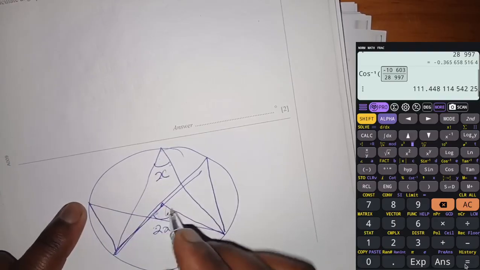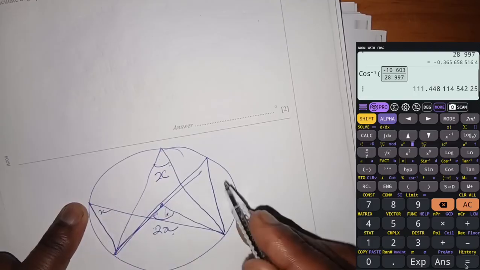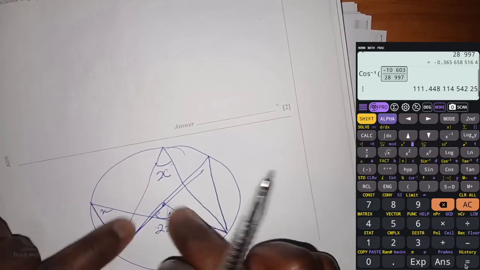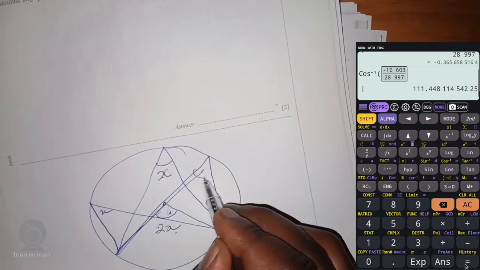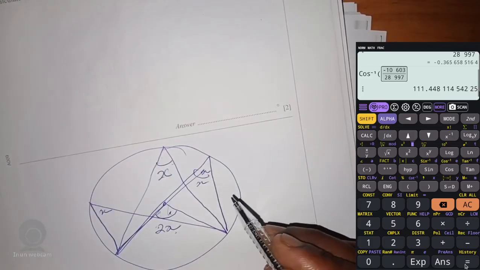This is twice this one. This is x. I hope the theorem is kind of clear now.